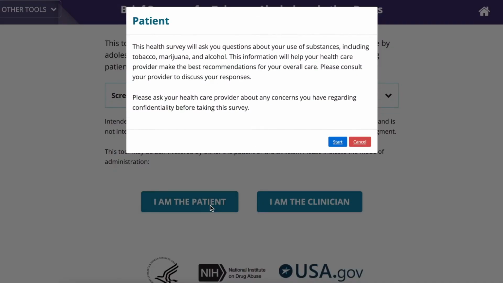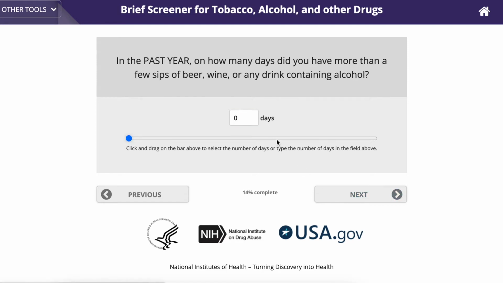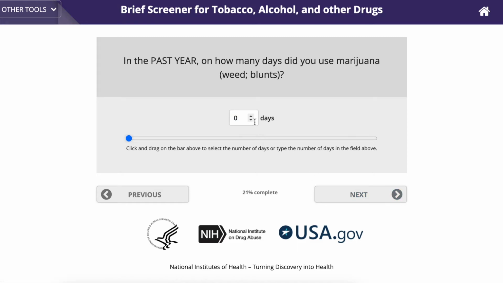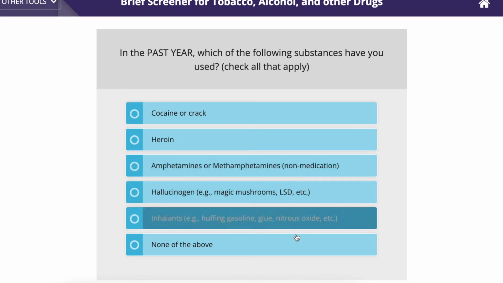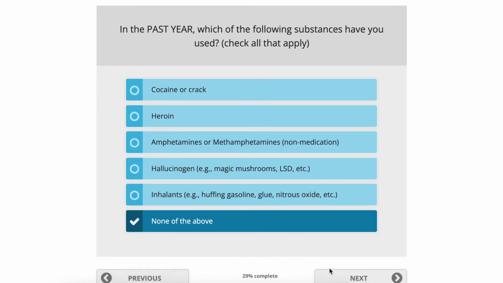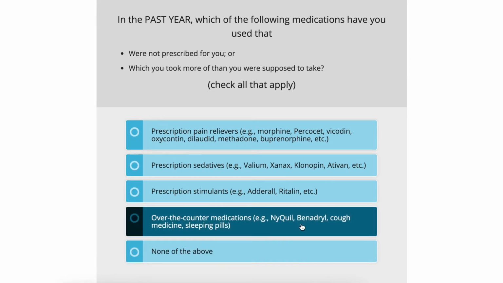Both screening tools were validated in adolescent samples, demonstrating accuracy in identifying adolescents with and without substance use disorders who were seen in pediatric primary care settings. BSTAD and S2BI can be self-administered or provider-administered using a tablet or computer. Providers are encouraged to consider patient self-administration to save time.